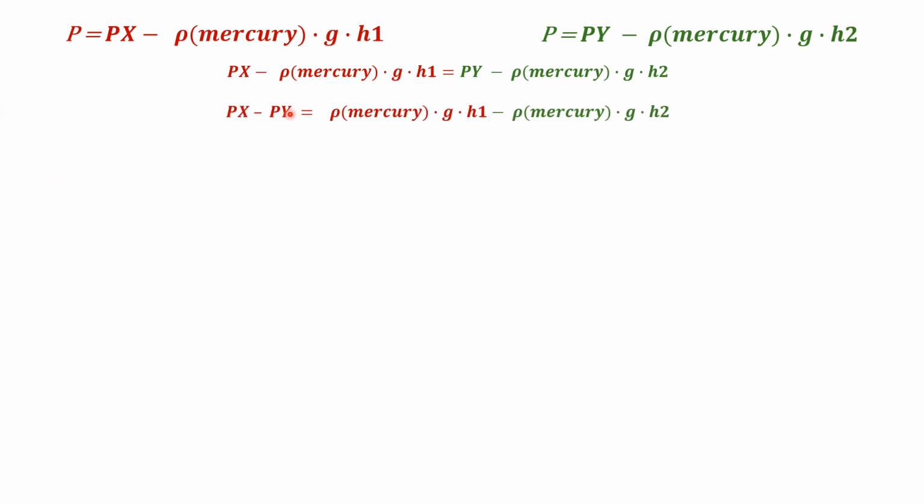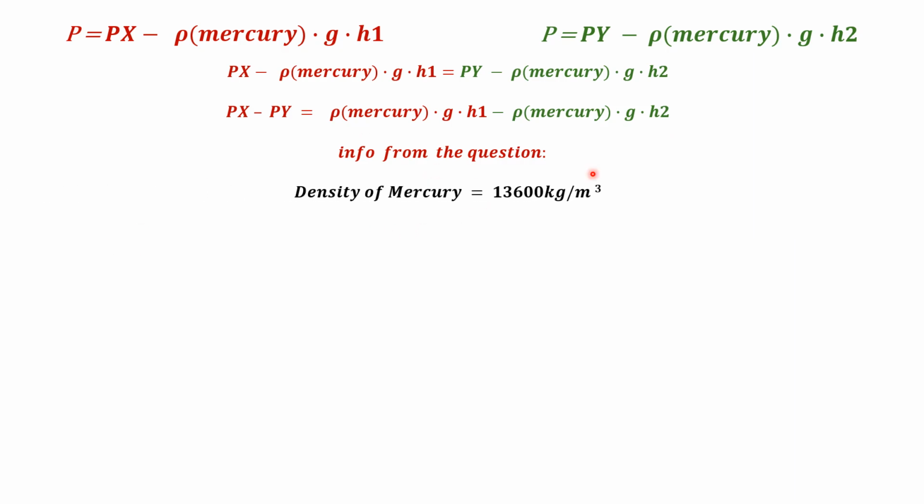Next, I'm going to rearrange everything because I want to find an expression for H1 and H2. So Px minus Py is the density of the mercury times G times height 1 minus the density of the mercury times G times height 2. So what do we have from the question?